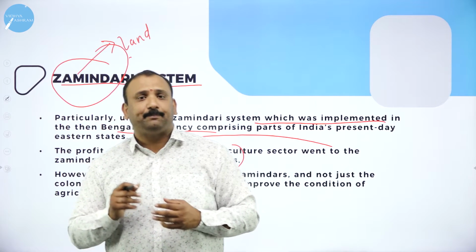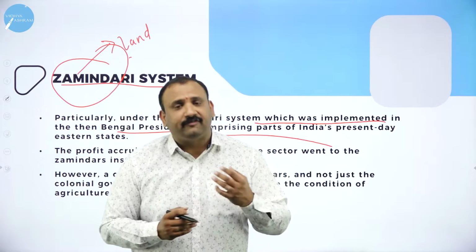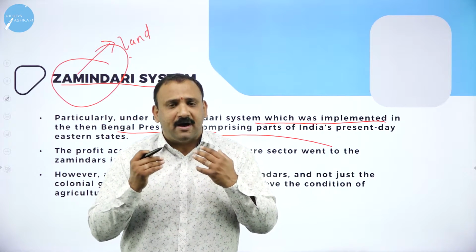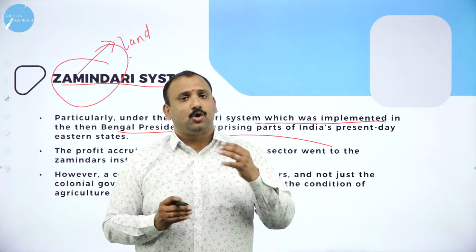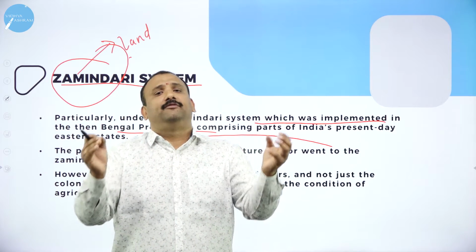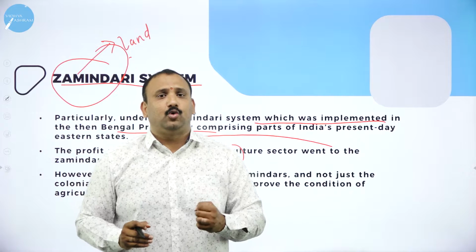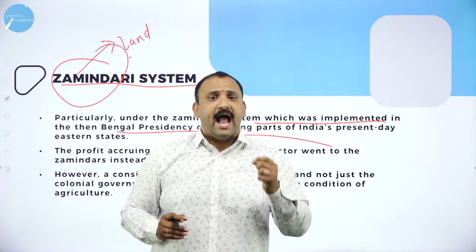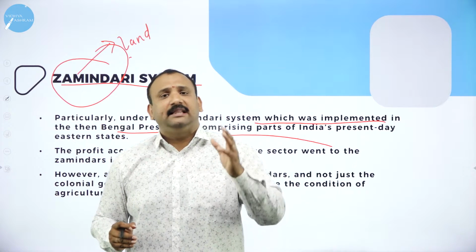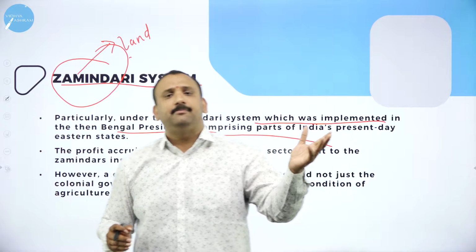The zamindars are people who take over the farmers because the farmers have taken loan from them, because the farmers have pledged their land to them. So altogether what happens? The zamindars become the owners of the land. They take over the control, they take over the ownership. And the farmers were left poor, were left high and dry, and they were not able to get out of the system altogether.